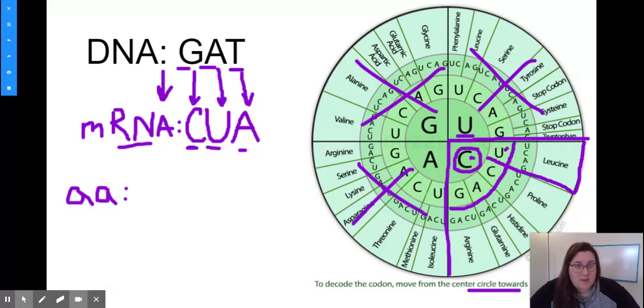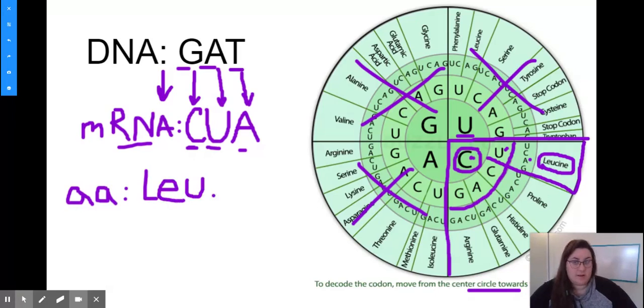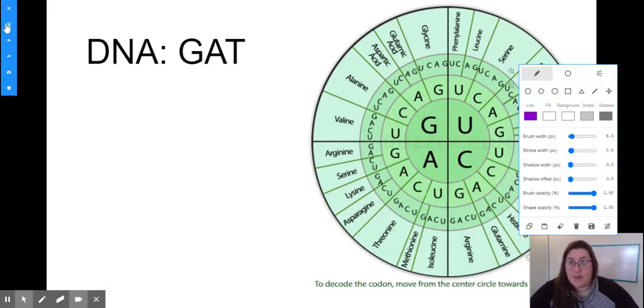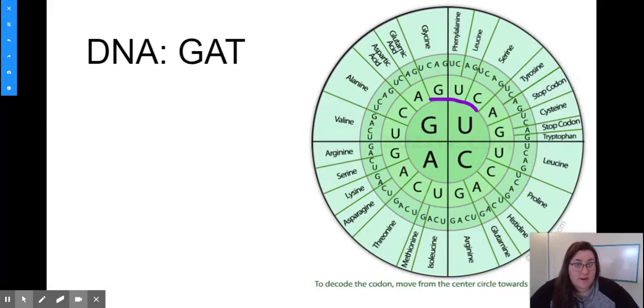So I've got C, then U, and then I've got my A, and that's going to code for the amino acid leucine, which we can abbreviate with the first three letters. That makes it a little bit easier, so you don't have to write out the whole thing. But that's essentially how you can take a look at these types of things. You start from the very, very center, and you work your way out.